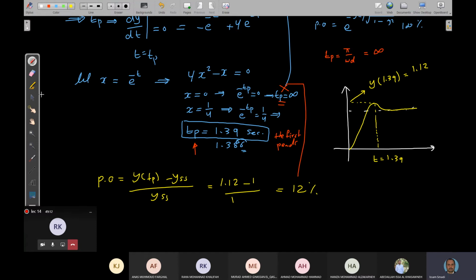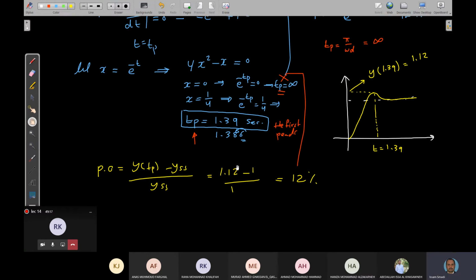Okay. Now, before calculating the settling time, do you think the settling time is greater than TP or less than TP? And this is TP, yeah?